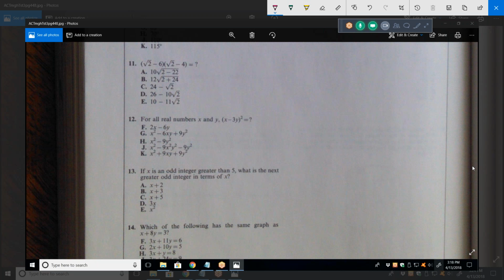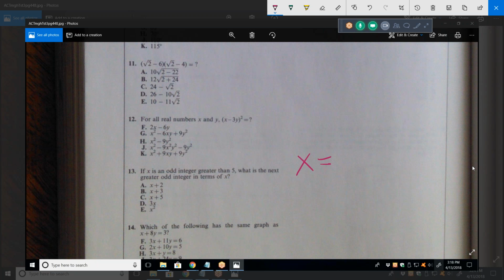Would it just be C? Wait, no. Wait. Here's a really good one. Okay, here's what we're looking at. We're looking at a variable in the question, and every single answer has that same variable. When you see that, you know you can pick numbers. Give me a number for x.